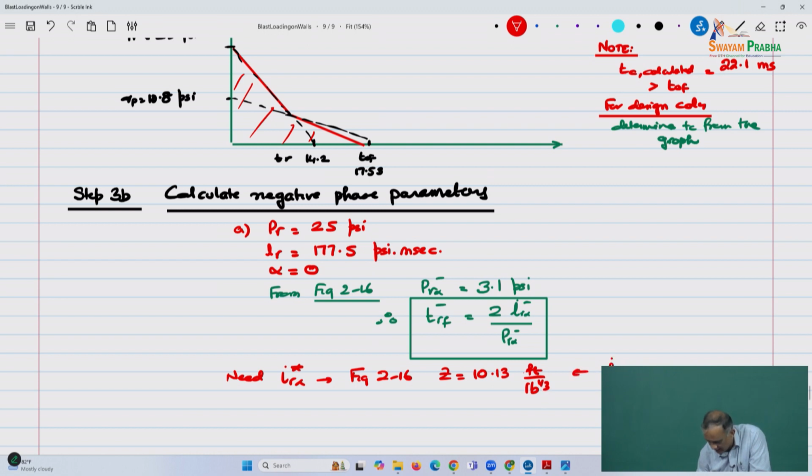You have IR alpha negative divided by cube root of W, I have it as 17. So therefore, IR alpha negative is 17 multiplied by 108.2 milliseconds. Sorry, 167.7.